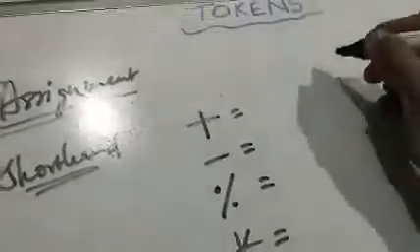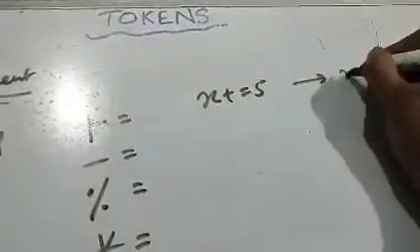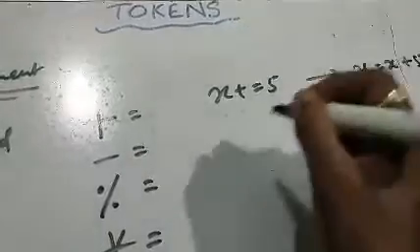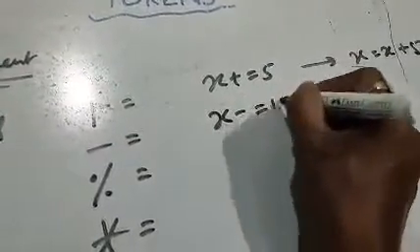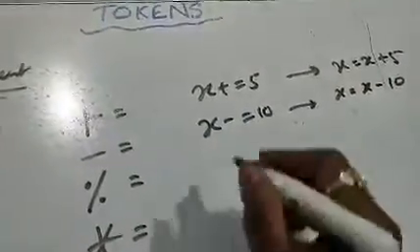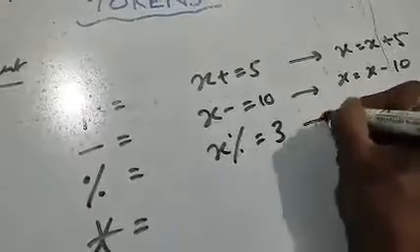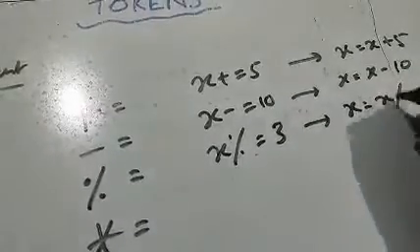I'll give an example. X plus equals 5. It means X is equal to X plus 5. If I write X minus equals 10, it means X is equal to X minus 10. If I write X modulus equals 3, it means X is equal to X modulus 3.